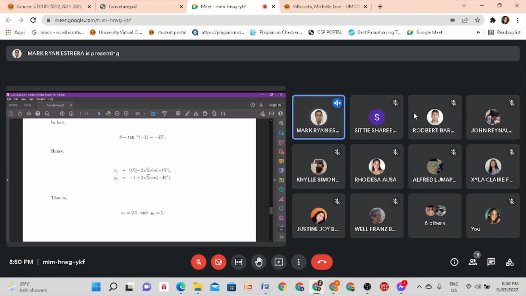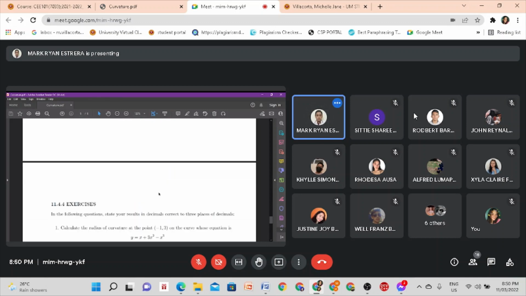So for the xc, again, xo is 0.5 as given, then minus the radius of curvature 2 square root of 2, sine of the obtained theta at negative 45. And then for the yc, you have the point negative 1 plus the radius of curvature, 2 square root of 2, cosine of negative 45. And thus, it will give you xc value of 2.5, yc value of 1.